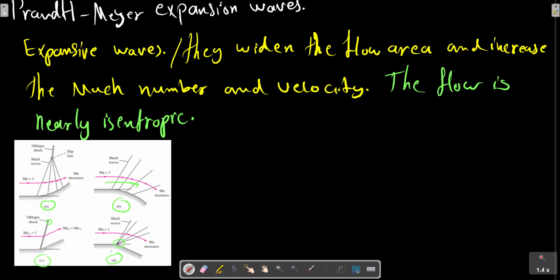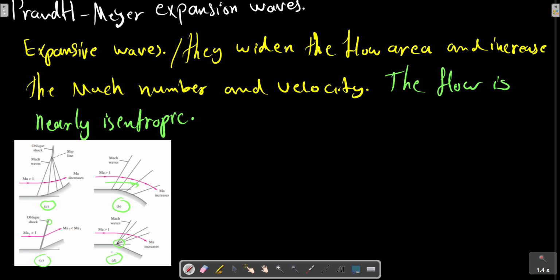Note that the flow on any streamline passing through the fan changes smoothly to higher Mach number and velocity. In the limit, as we near the corner, the flow expands almost discontinuously at the surface.